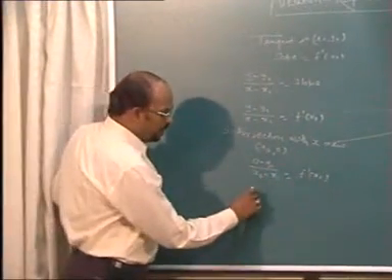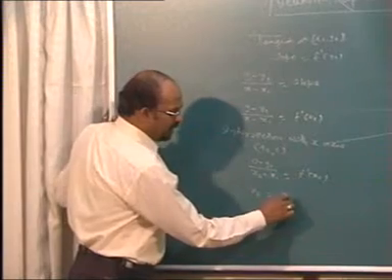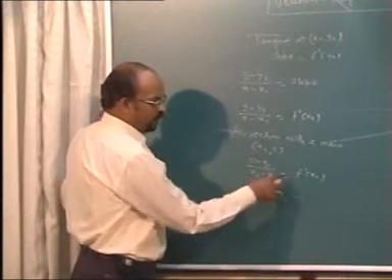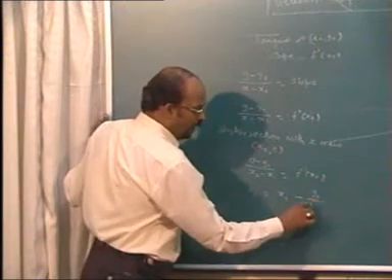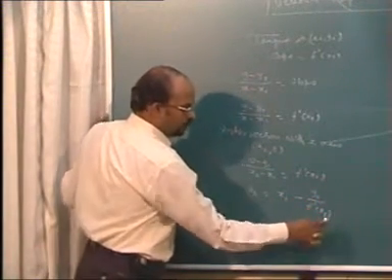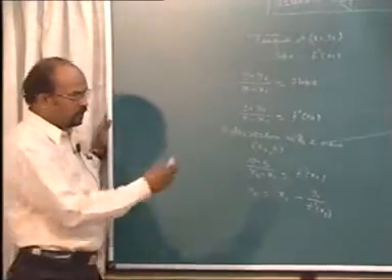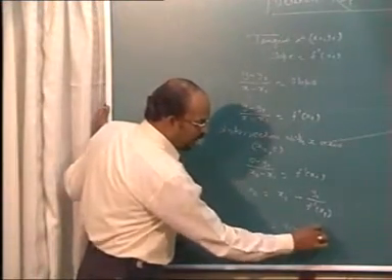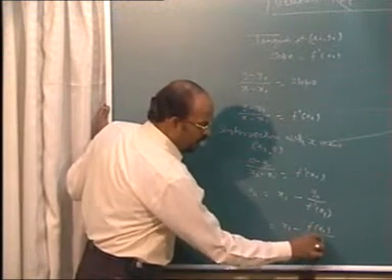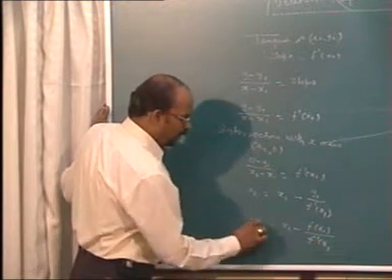And I can determine x2 as x1 minus y1 upon f dash x1. But what is y1? It is f of x1. So x2 is x1 minus f of x1 upon f dash x1. This is the formula for x2.